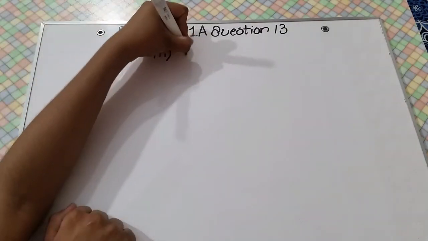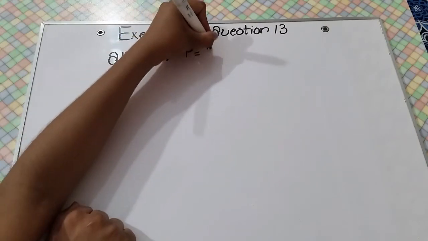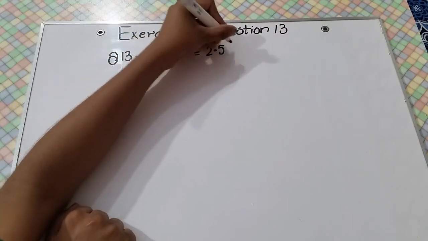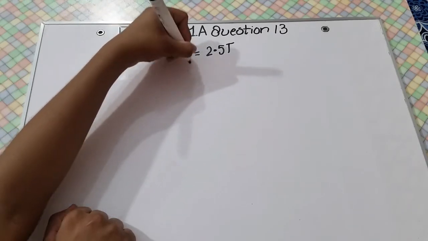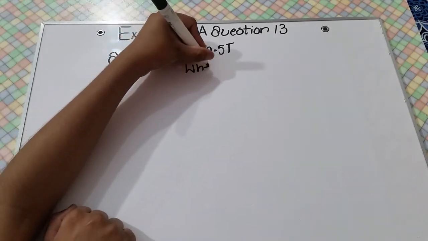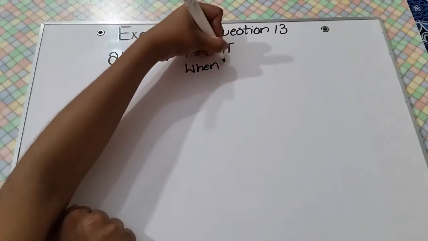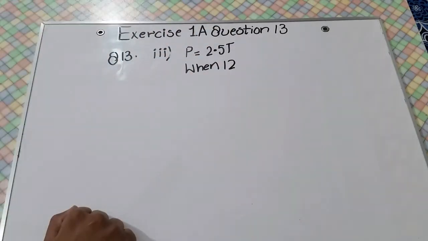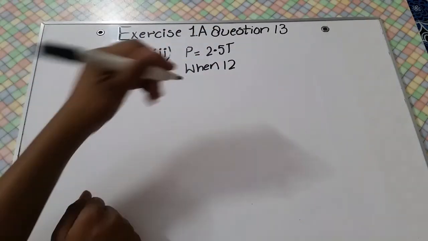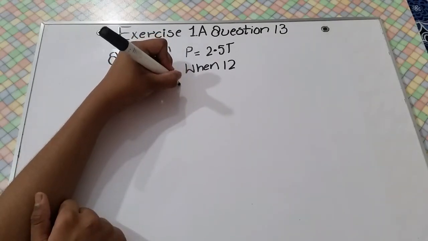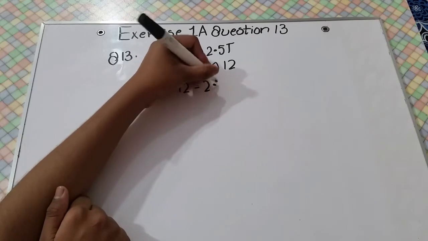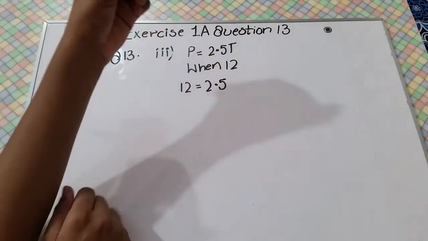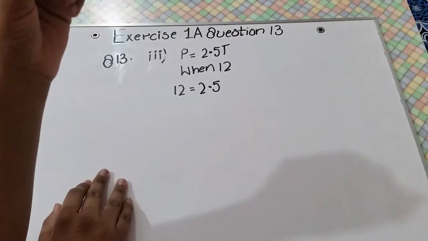So the formula was P equals 2.5 T. So when P is equal to 12, now P is 12 and 2.5 is constant, and we need to find T.